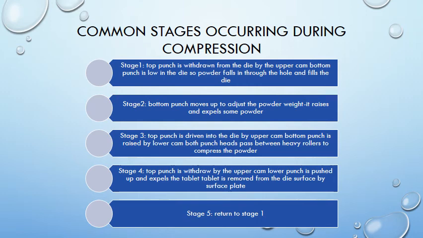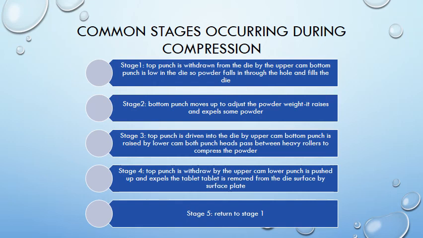Stage 3, top punch is driven into the die by the upper cam and bottom punch is raised by the lower cam. Both punch heads pass between the heavy rollers to compress the powder. So in this step, basically they are providing the force for the compression of the powder and converting it into tablet form. Stage 4, the top punch is withdrawn by the upper cam, lower punch is pushed up and expels the tablet, and it is removed from the die surface by the surface plate.